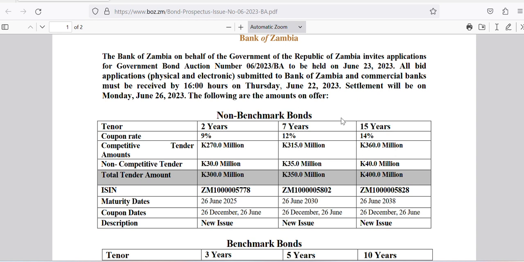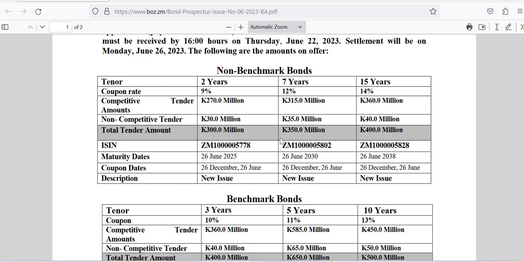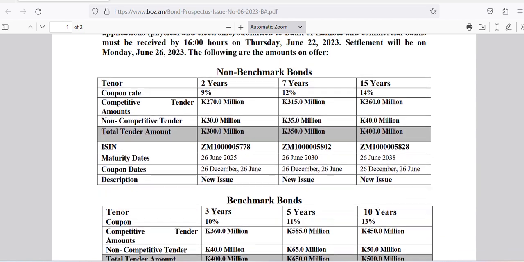So they even tell you when the auction will be, and then they invite you to submit your applications. On this invitation, which is also called a bond prospectus, they will state all the bonds on offer, the different tenors.